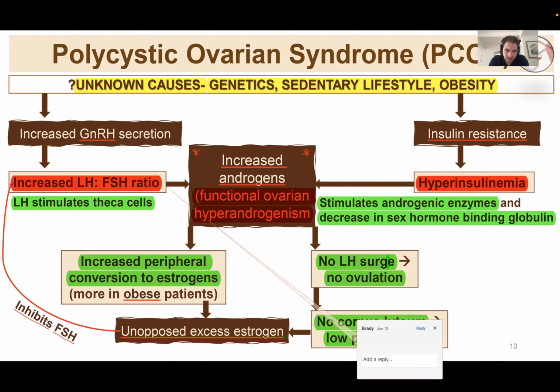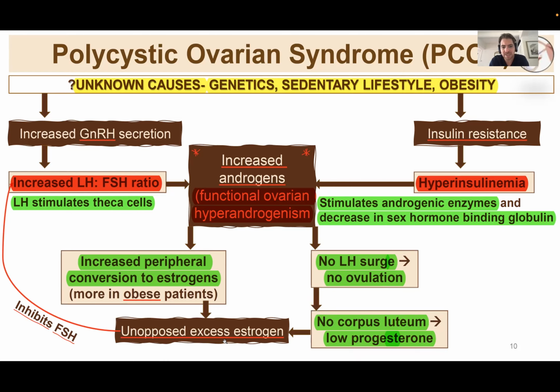So what you'll actually see is a very much elevated LH. Don't get this confused because it says increased LH to FSH ratio. If you were looking at the labs independently, you would get an increased LH and a decreased FSH. That in and of itself would cause this increased LH to FSH ratio. I've seen questions where they give you the up and down arrows and ask you independently. You do get a really high LH and a decreased FSH, okay?